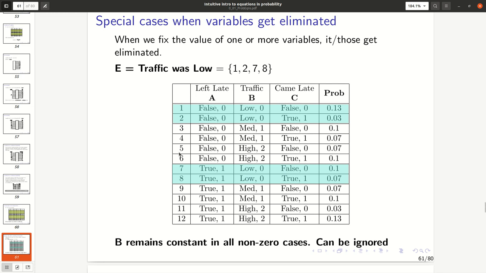For example, suppose we got information that traffic was low, so there's only one value for variable B in such cases. It will retain only rows 1, 2, 7 and 8. Since the value of B is fixed throughout, we can ignore that column altogether.